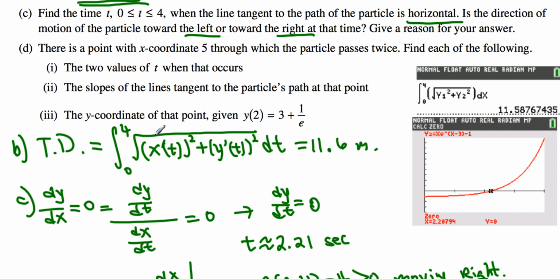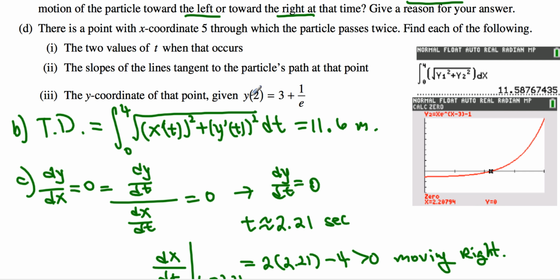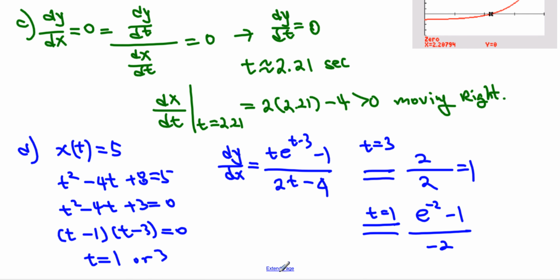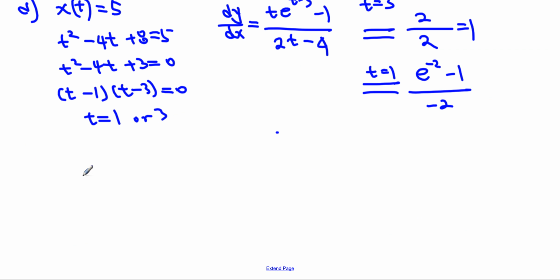Now, what is the y-coordinate of the point, given that it is this? In order for us to calculate the y-coordinate, knowing that y sub 2 is given in this manner, y when t is equal to 3, for example, because it has to be the same point, so y sub 3 or y sub 1 would be exactly the same location.